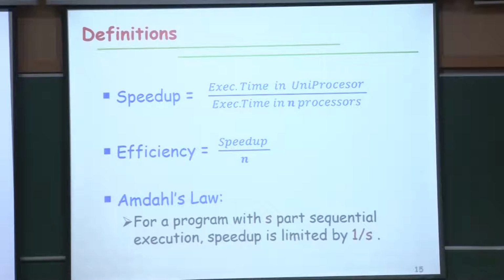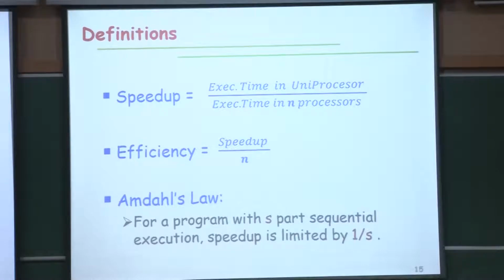When the number of processors goes very large, I can reduce at most the other half of the time close to 0, but the sequential part still remains. That is exactly what Amdahl's law is. Amdahl's law says that the speed up that you can get is limited by the sequential part, the part which cannot be parallelized, which cannot get the performance benefits of parallelizing.